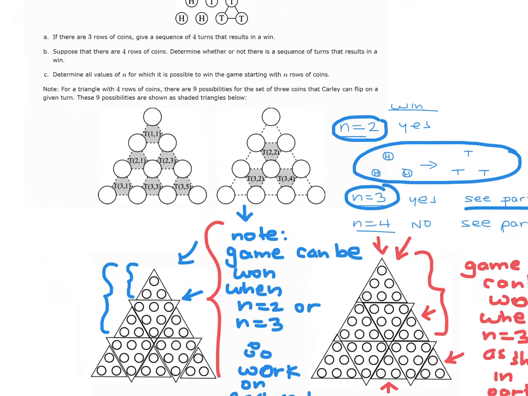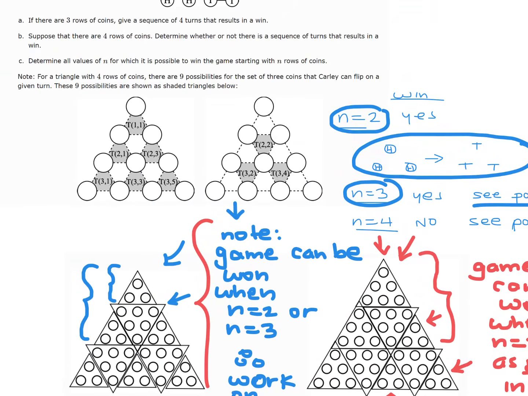Determine for which values of n it is possible to win. Okay, we discovered that it is possible to win when n is equal to 3k or n is equal to 3k minus 1, but not possible to win when n is equal to 3k plus 1.